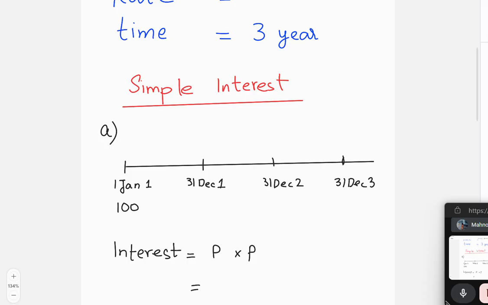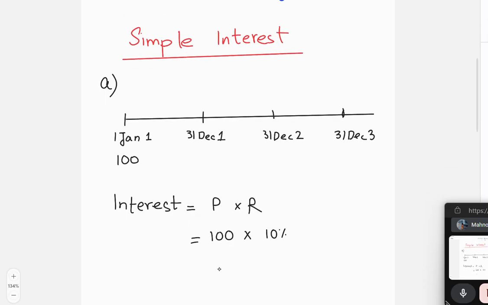The principal is 100 and the rate is 10%. Whenever you have to work out something in percentage, you can change it into a decimal to make it easier. 10% in decimals is 0.1. So when you multiply them, you get 10.